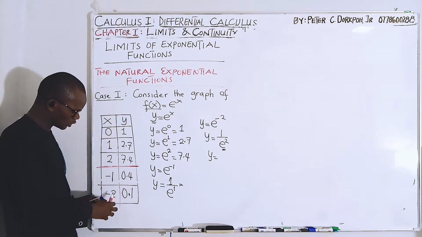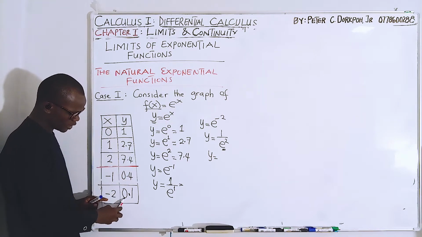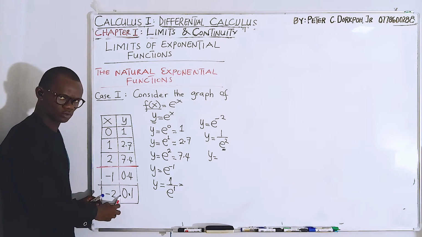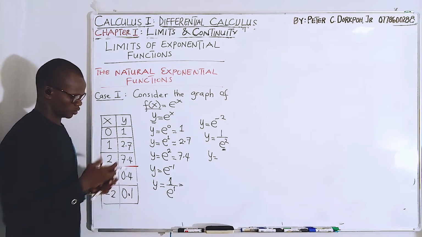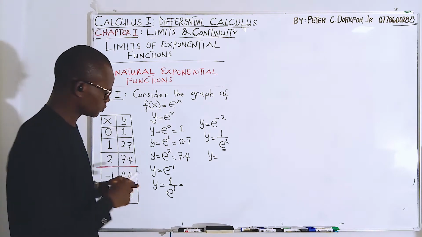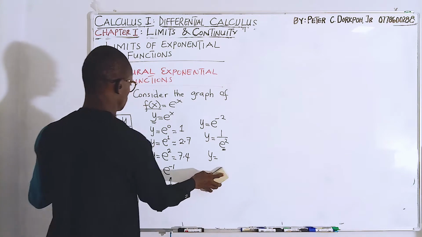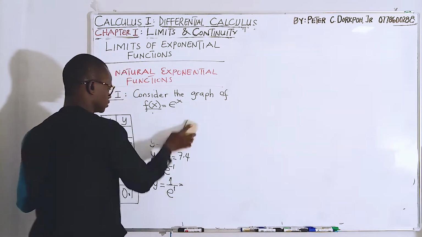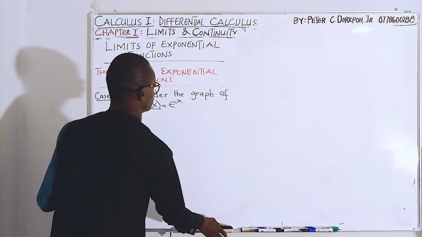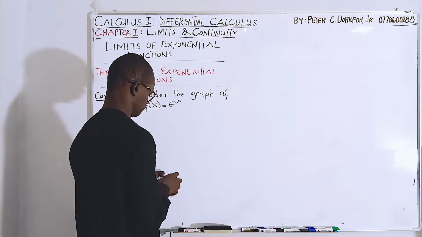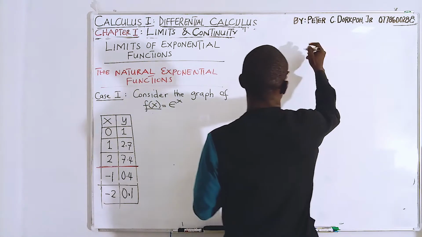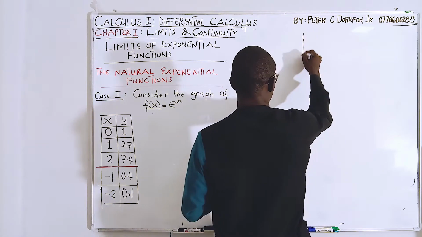As x takes on negative 2, it goes to 0.1. So it is reducing. So let's plot these points first, so I'm erasing this one. So we have a graph like this.